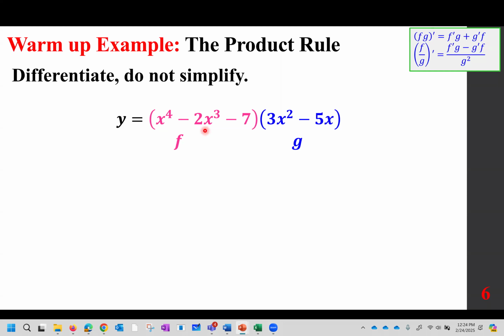So this is f. F prime is 4x cubed minus 6x squared times g, 3x squared minus 5x.